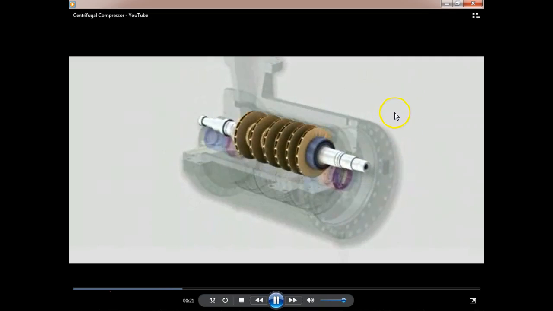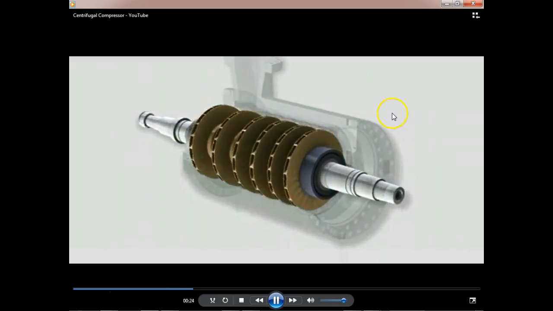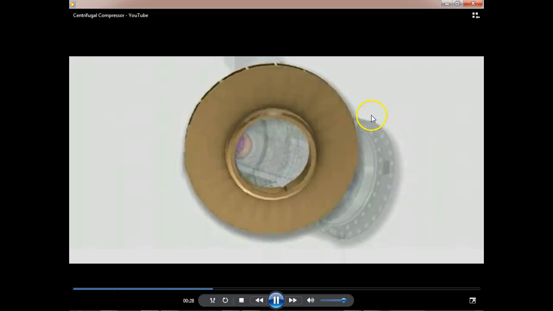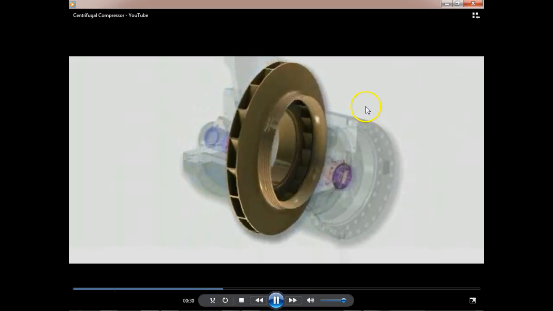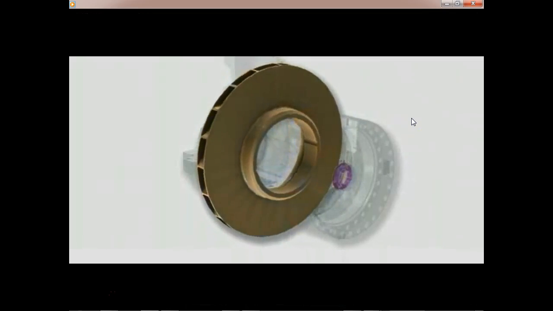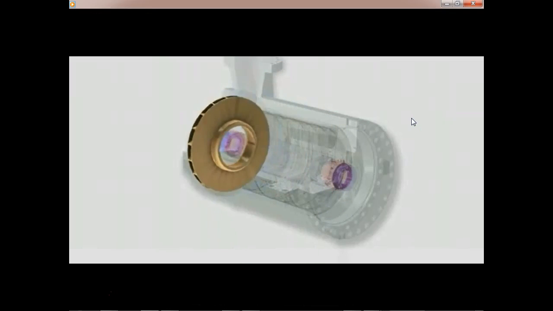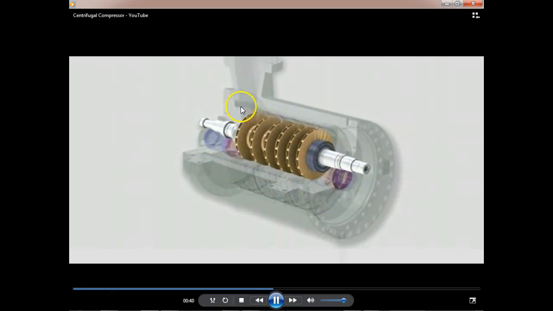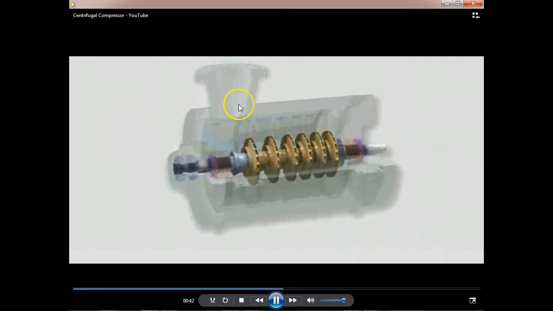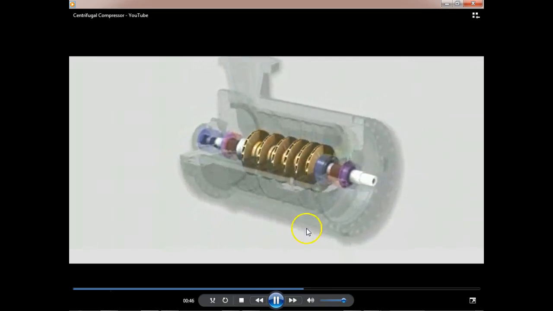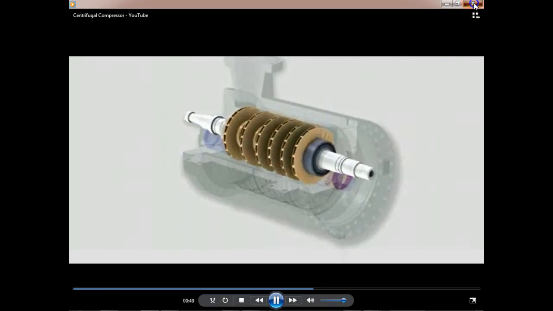Yeah, this is 6 stages. And you can see why it's called centrifugal, because it pulls it in. Now, what a cooling thing between those. In between stages, yeah. It's hard to see here. And that's all that video.